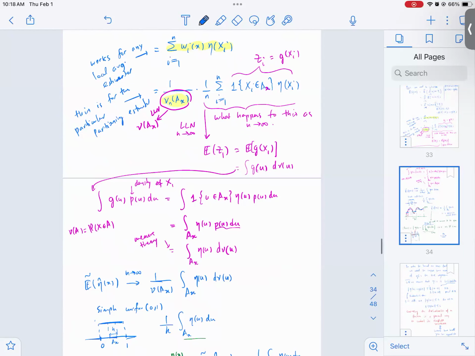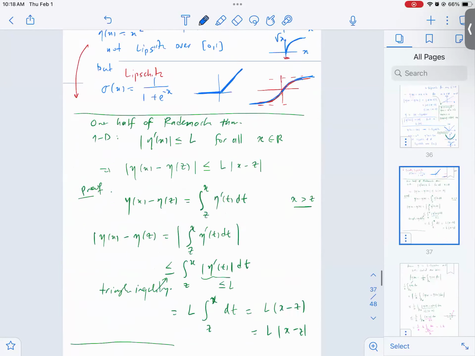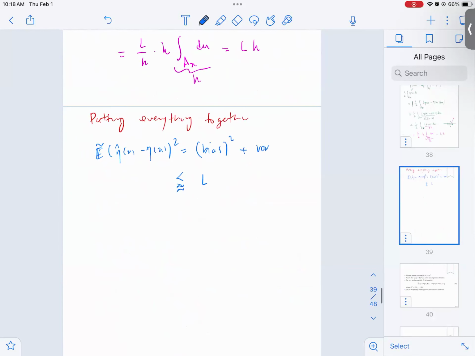You use the law of large numbers, so it's not exact, but if you put little o's, it would work. But approximately for large n, this would be this squared, and this would be sigma squared over n h, in one dimension.